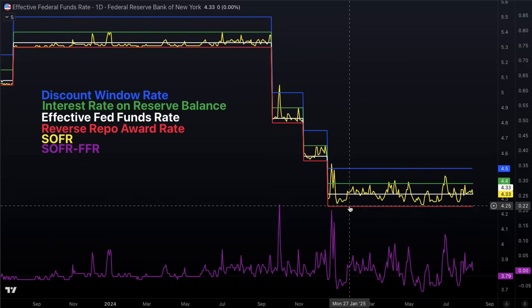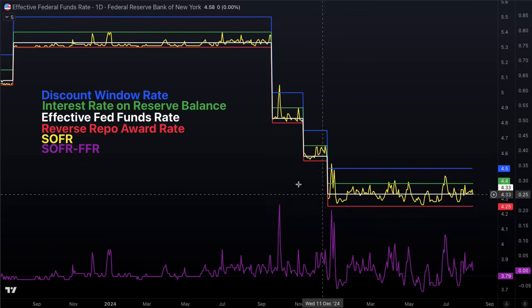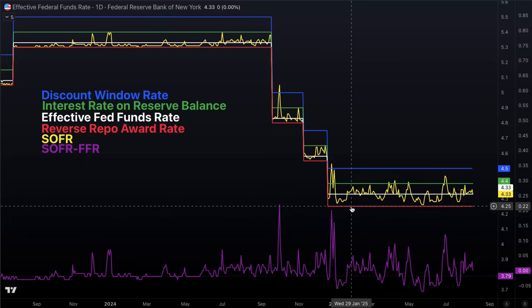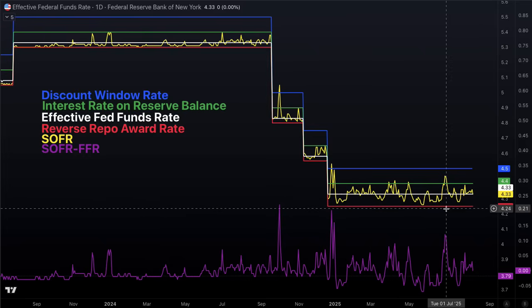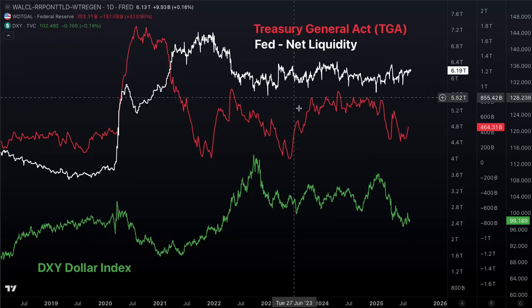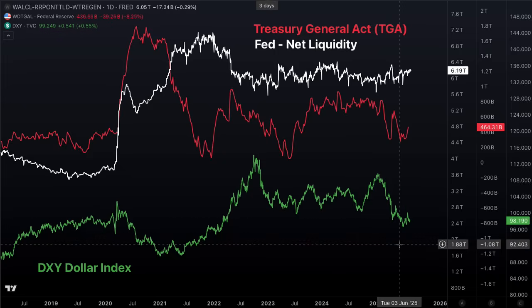And on the other hand, the red line, the reverse repo, is saying no matter what happens, if there's an overabundance of dollars, we, the Fed, will always buy, quote unquote, your dollars at 4.25. So you're setting a floor in the value of the dollar on an overnight basis. Hopefully that makes sense.